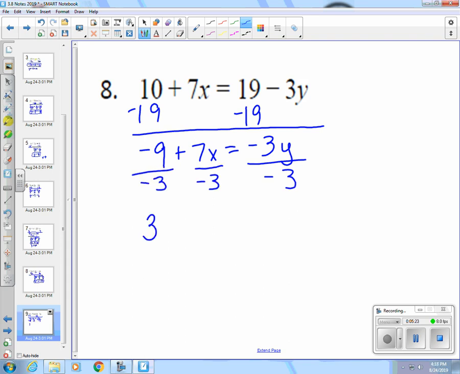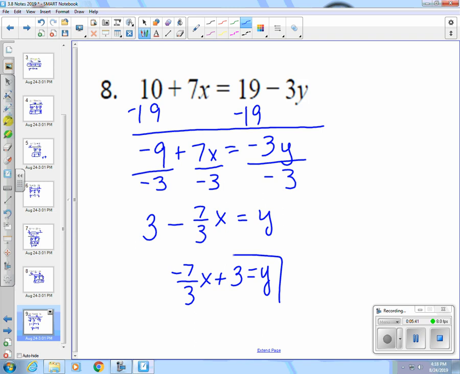So we're going to end up with a positive 3, and then I've got that positive divided by a negative, so it's really minus 7/3 x equal to a positive y. If we flip that around, it's negative 7/3 x plus 3 equals y. Either way is okay. I'll take it both ways, but make sure that the negative sign's in front of the 7/3.